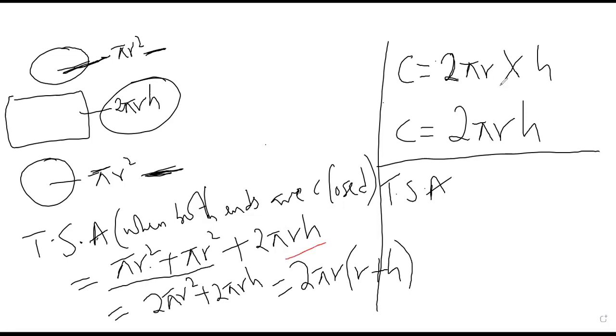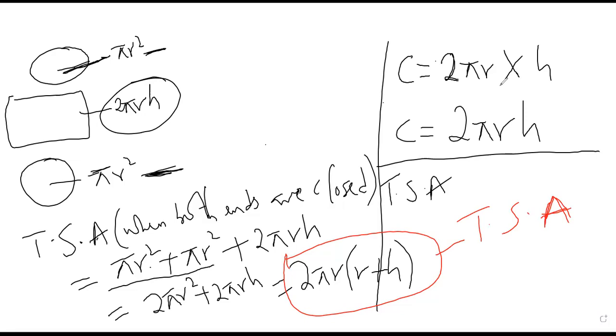This here is the total surface area of the cylinder when both ends are closed. That is, the total surface area of the cylinder when both ends are closed is given by 2 pi r into bracket r plus h.